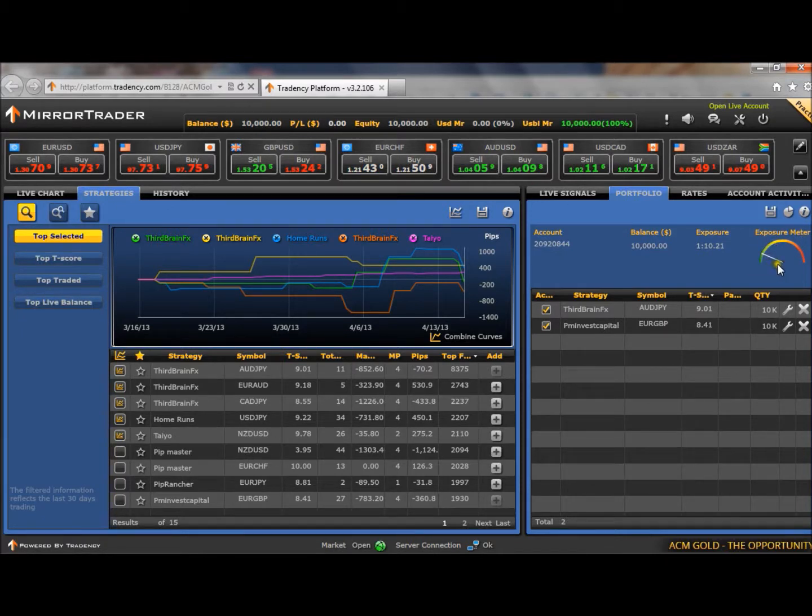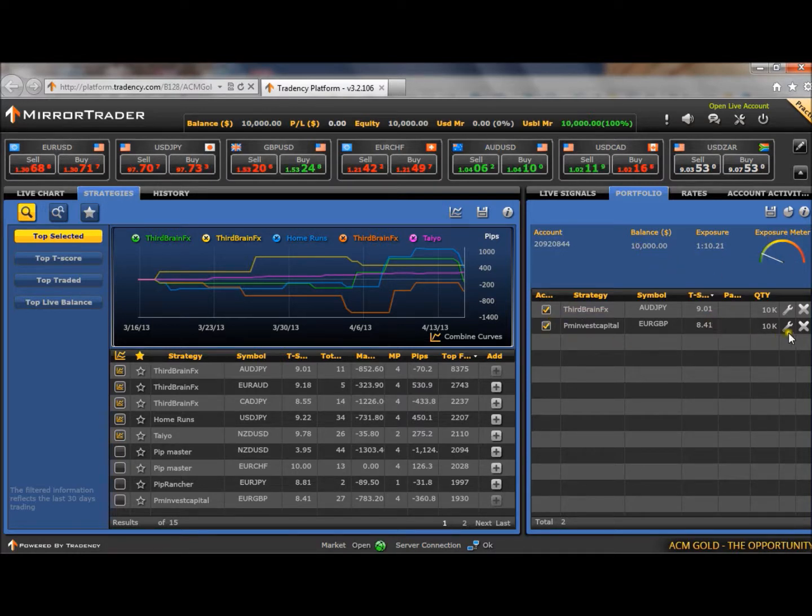Now, what I found personally, this is up to you, but I like keeping it somewhere here in the yellow region. This gives me the right kind of reward and risk that I'm looking for. It's not too high, but also not too low. So you'll see that it's quite low at the moment.